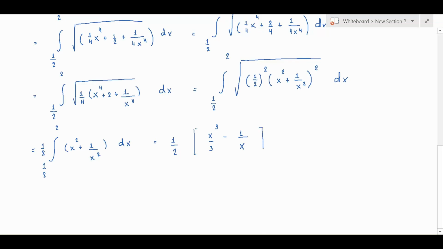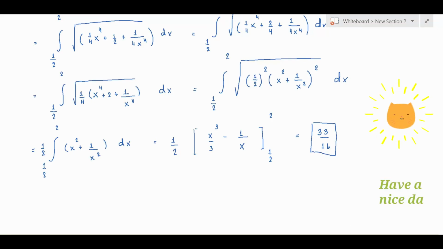My lower bound would be 1/2, and my upper bound would be 2. If you simplify all this, your answer would be 33 over 16. So that would be your arc length for this example.